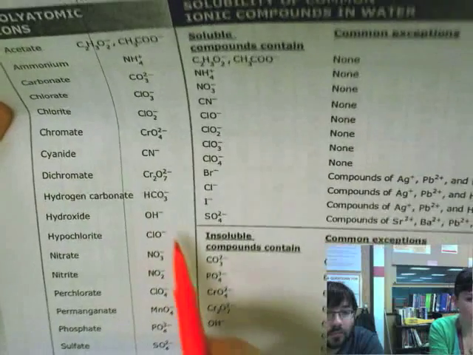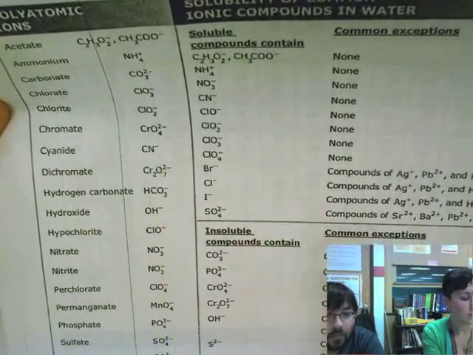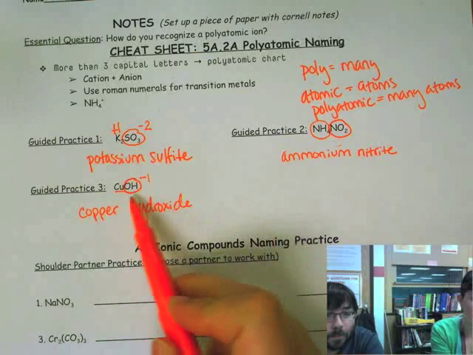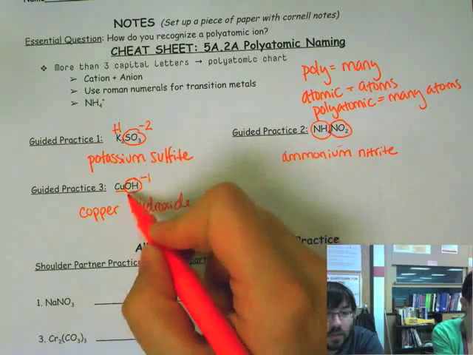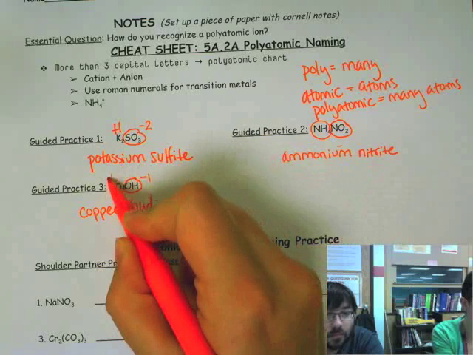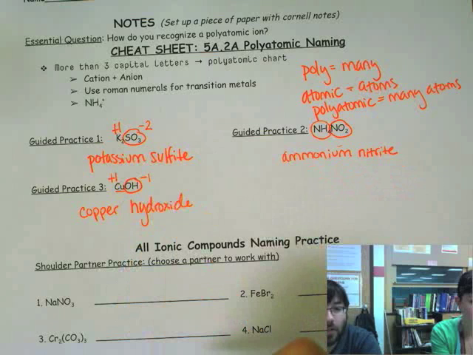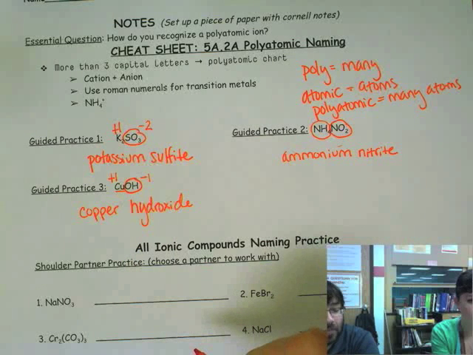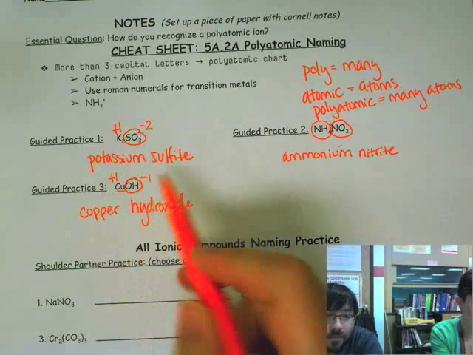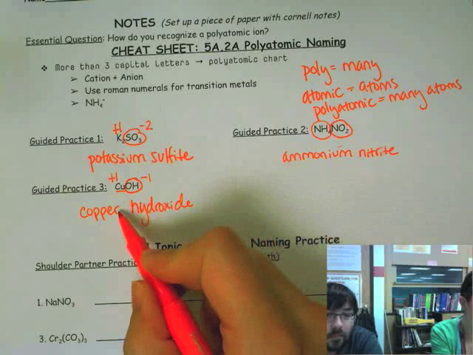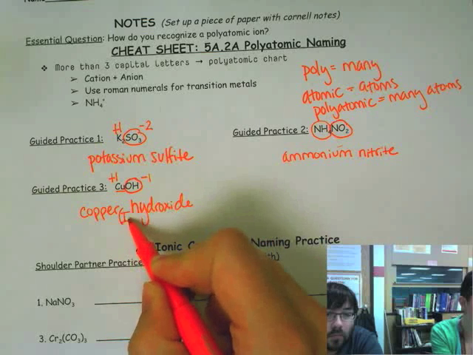So since there aren't any subscripts right here, this means that this copper also has a charge of +1. Oh, so the copper and the hydroxide have to have the same charge, so they cancel out. Right, that's right. We want the whole thing to be neutral still. So this is going to be a copper(I) hydroxide.